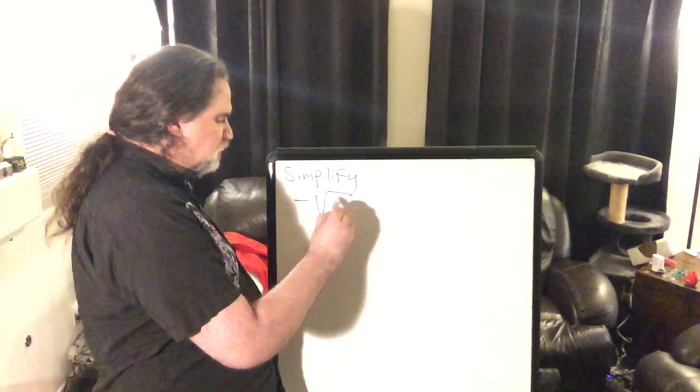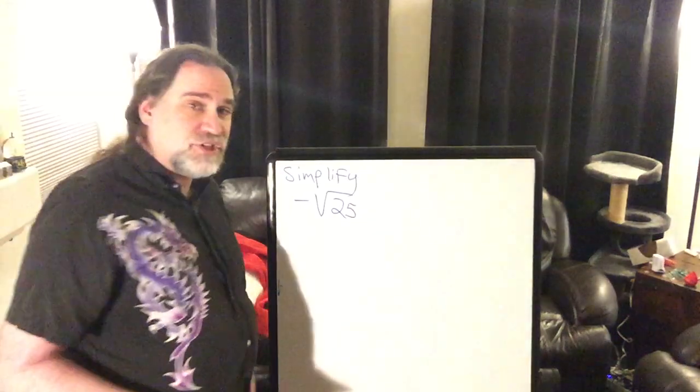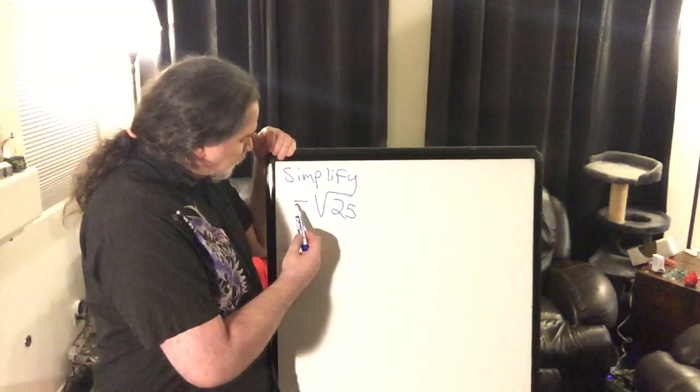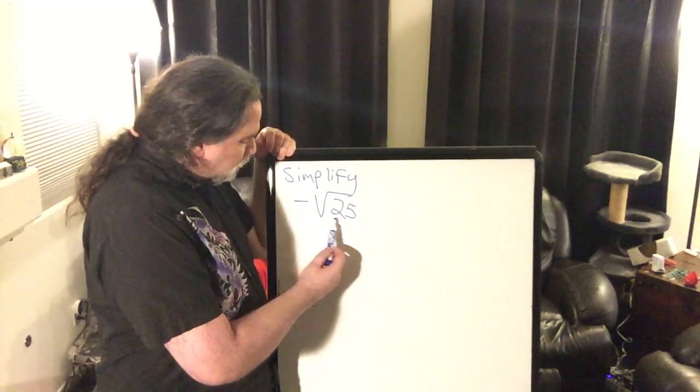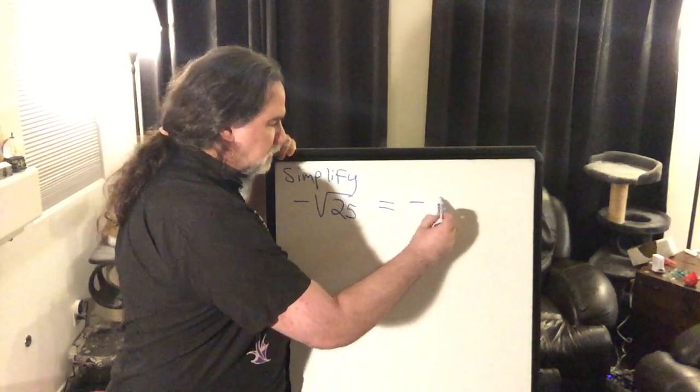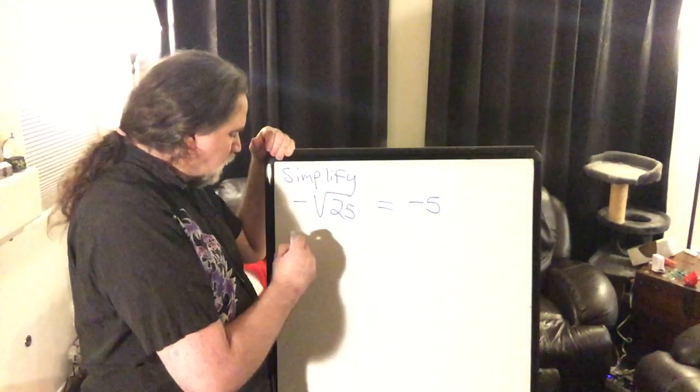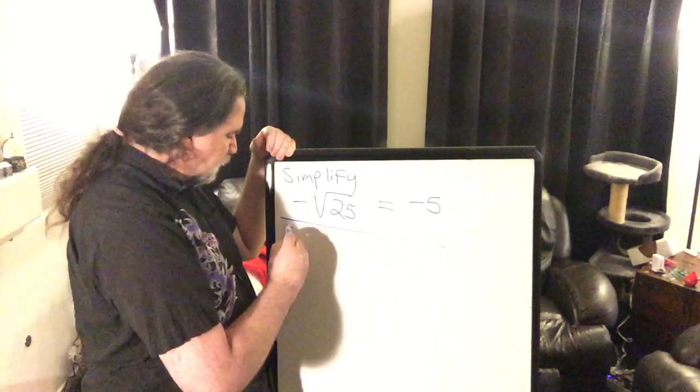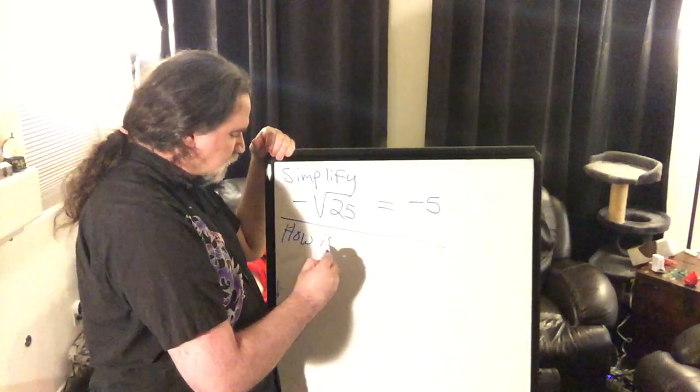So if I give you this one, and it's how we read it from left to right, this is the negative square root of 25. Negative 5.